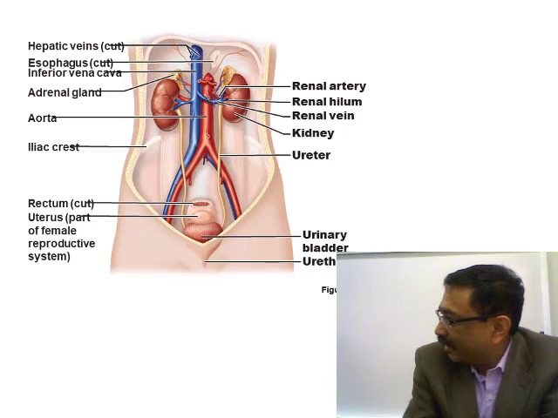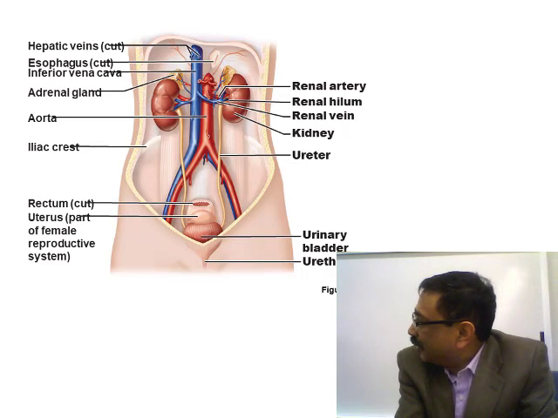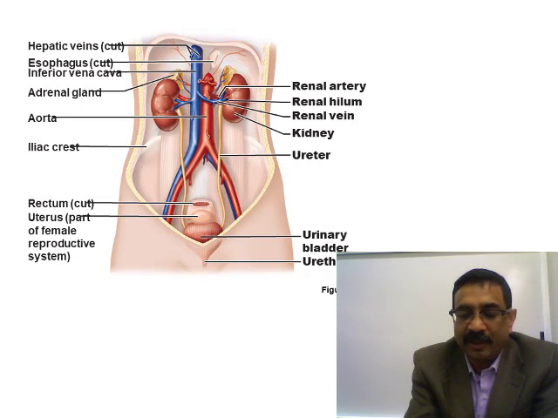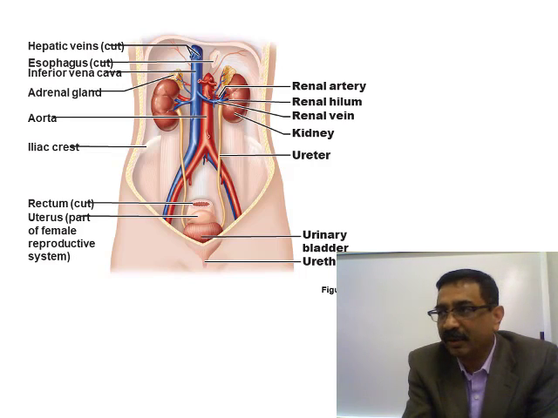Now, in this picture, you can see those parts of the urinary system. You see two kidneys, two ureters, you see the bladder and urethra. Now, one thing, if you look carefully at this picture, you see right kidney is slightly lower than the left in your body.